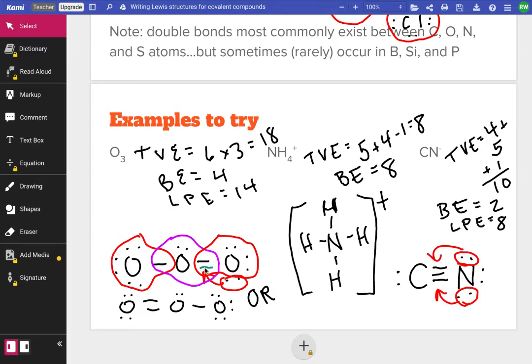This oxygen at first, before I drew this second line here, had 2, 4, 6, 8. So that one had 8. It followed the octet rule. But this middle oxygen only had the bond here, which is 2, this bond, the top one here, which is 4, and then the 2 lone pairs up here, which made 6. It did not follow the octet rule, okay?